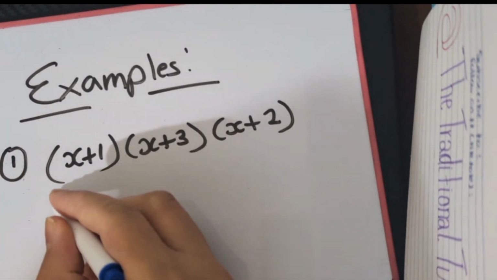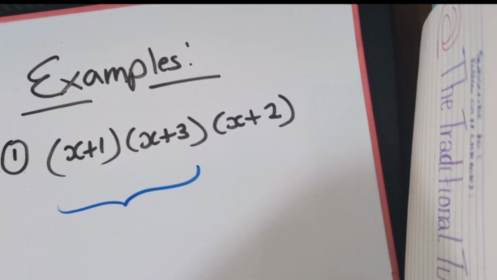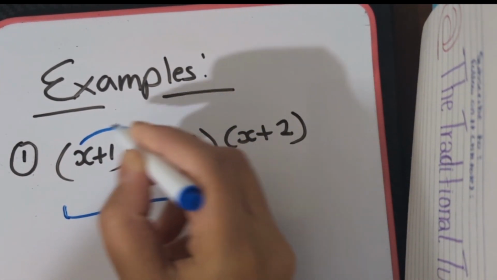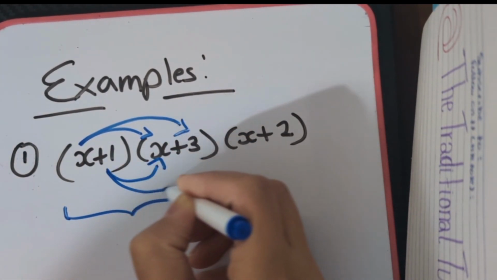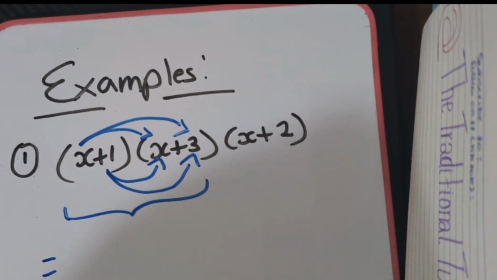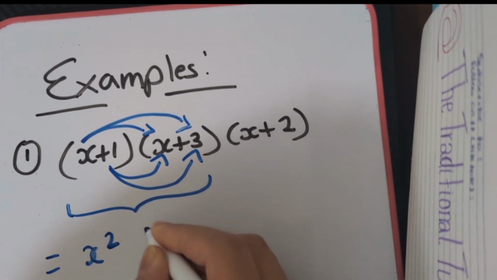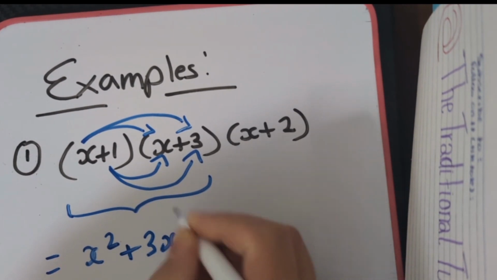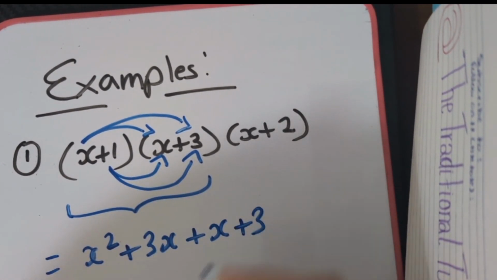So I'm going to start off by multiplying the first two sets of brackets, and I'm going to draw my arrows in the following way. I'm going to do x times x, x times plus 3, then 1 times x and 1 times plus 3. When I multiply these out, I get x squared, x times plus 3 gives me plus 3x, 1 times x gives me plus x, and 1 times 3 gives me plus 3.